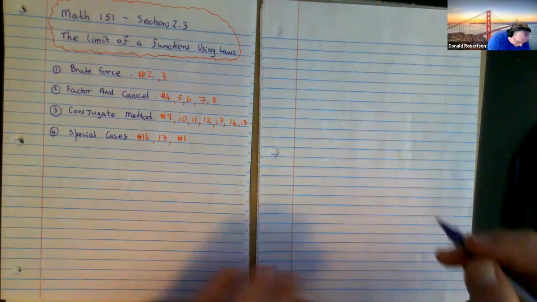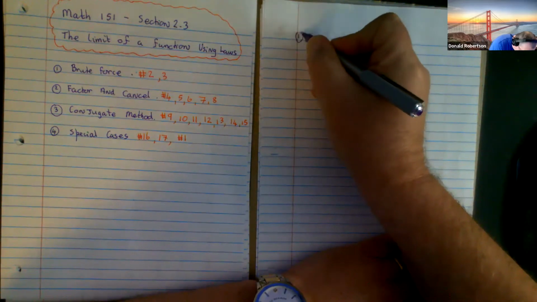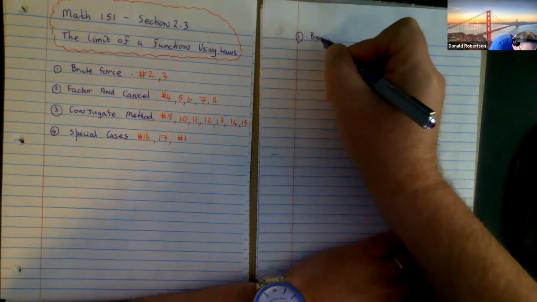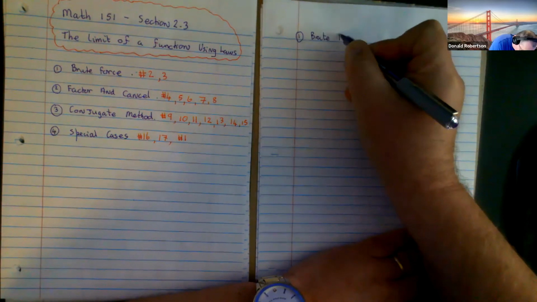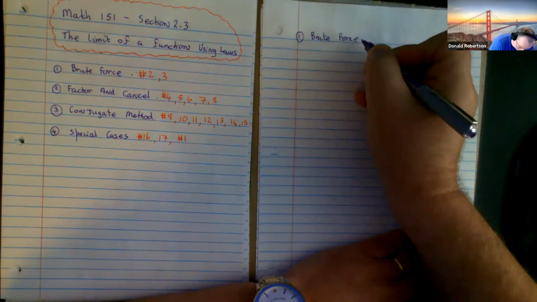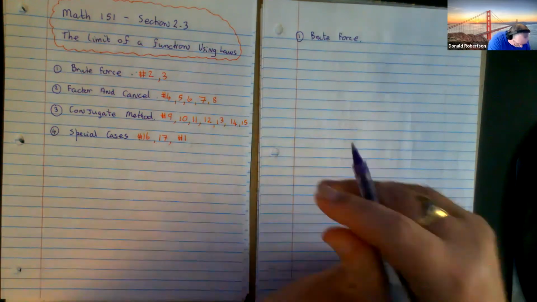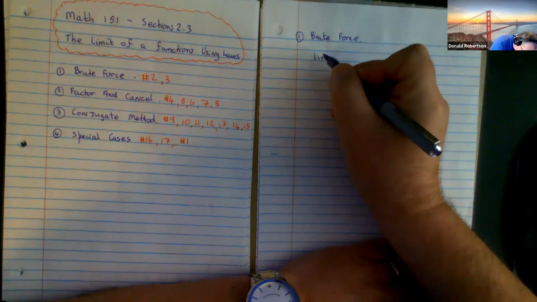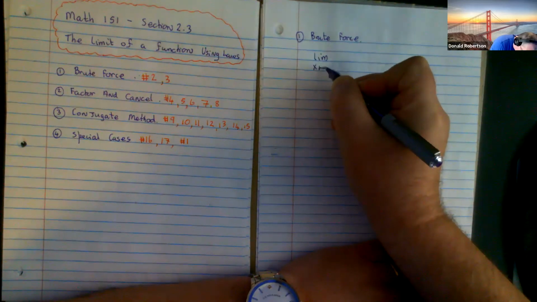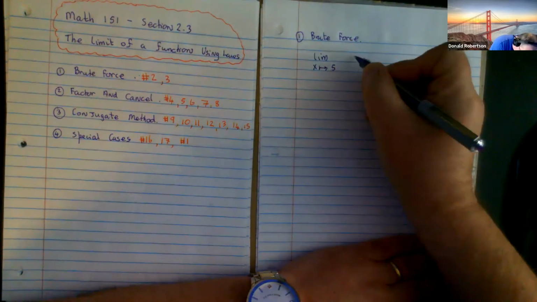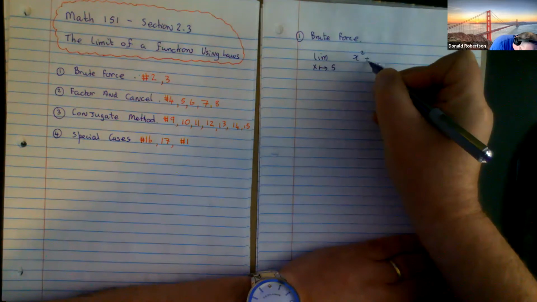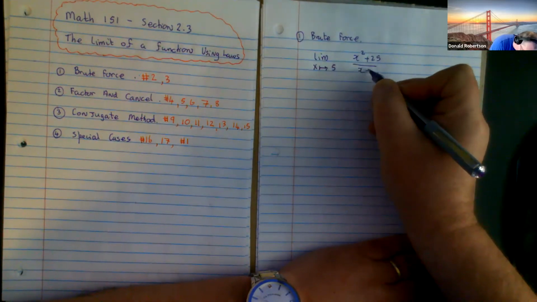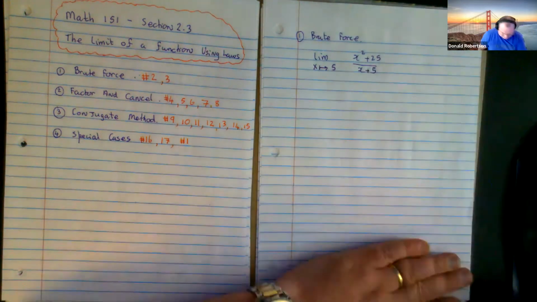So let's start with the first method for finding the limit of a function algebraically. The first method is called brute force. So how does that work? Well, let me show you an example. Suppose I was being asked to find the limit as x tends to 5 of x squared plus 25 over x plus 5.